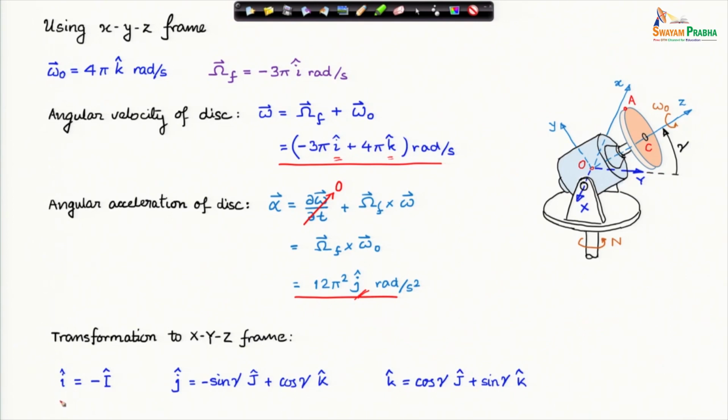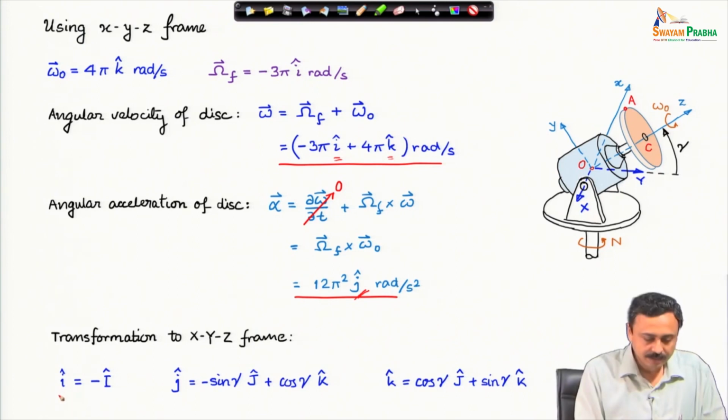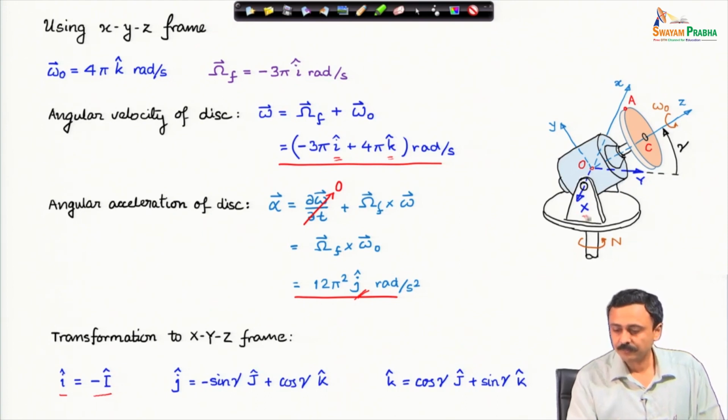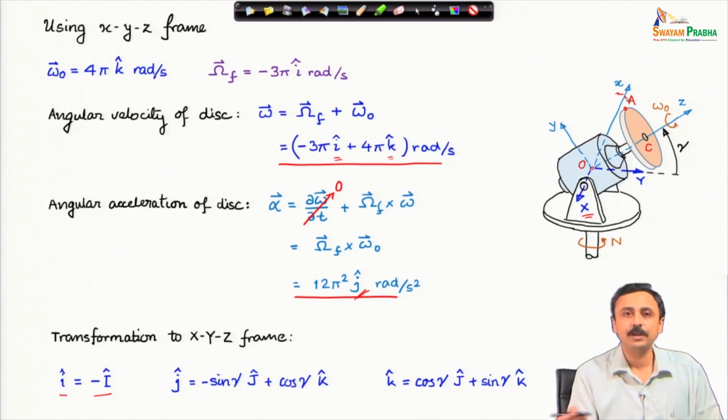If you look at the figure, then i cap is equal to minus capital I cap. As you might have noticed, capital X and small x are in opposition, therefore i cap must be equal to minus capital I cap.